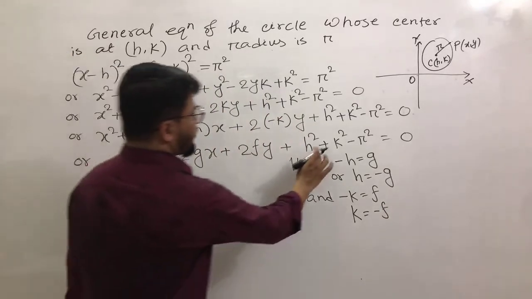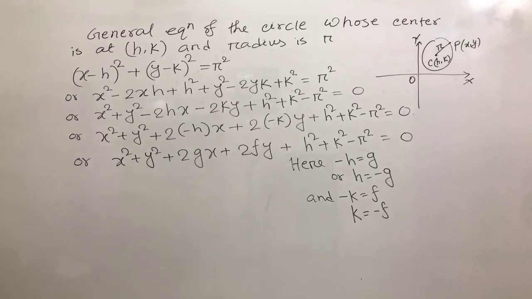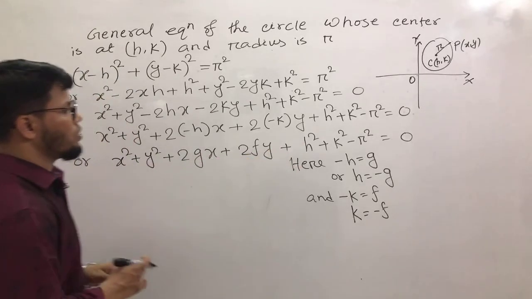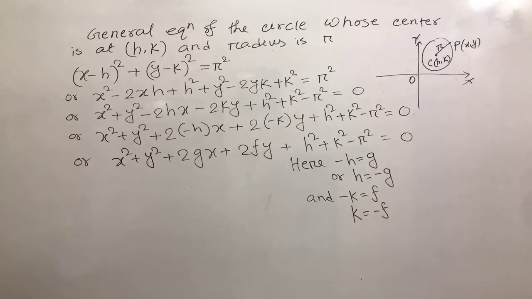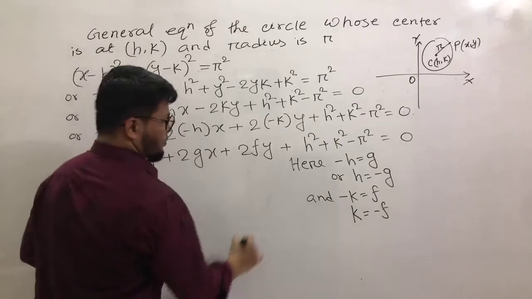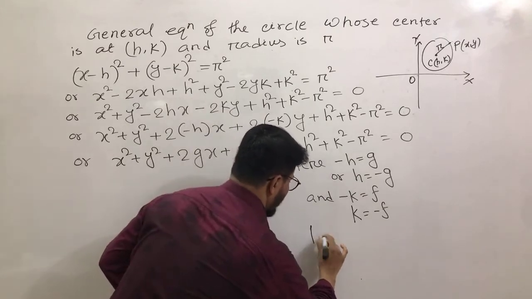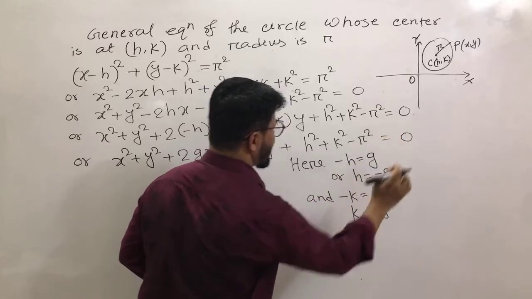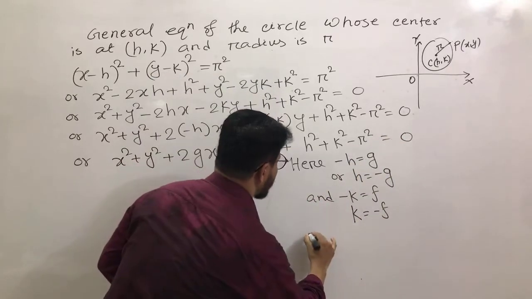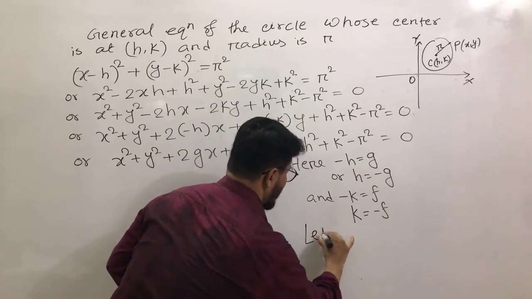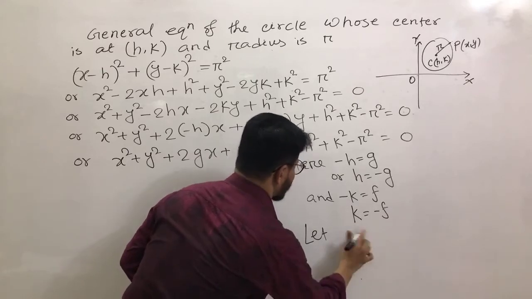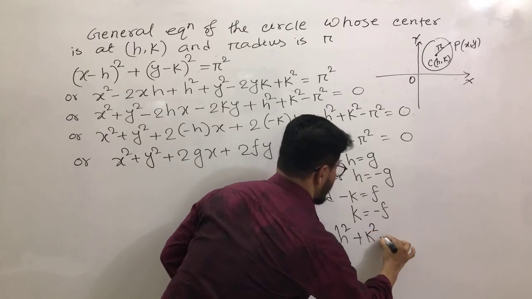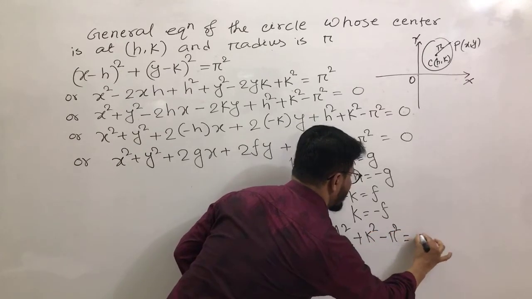So now if we write here, this one will be the equation x square plus y square, considering h square plus k square minus r square equal to c. So let h square plus k square minus r square equal c.